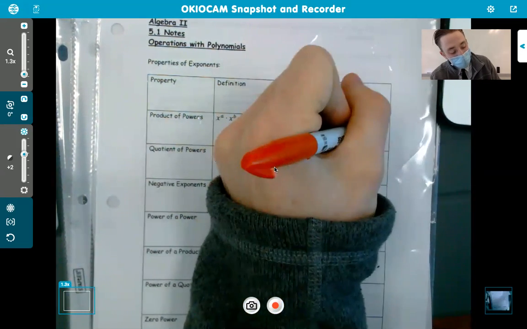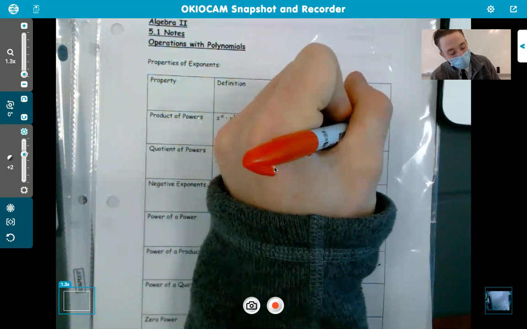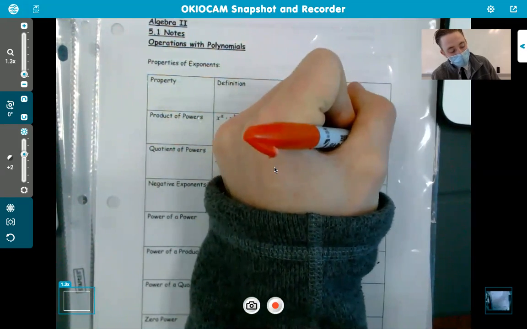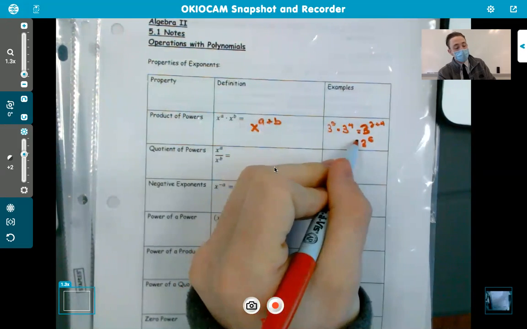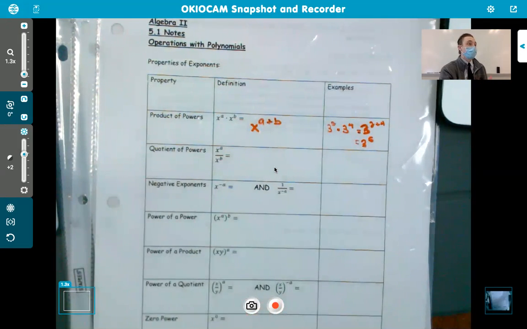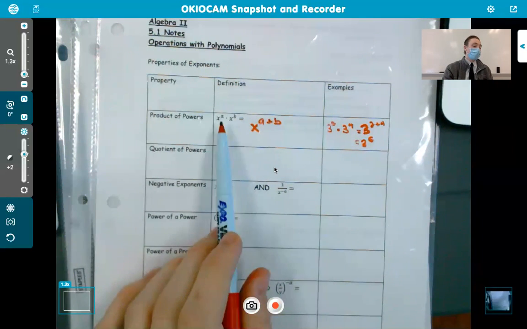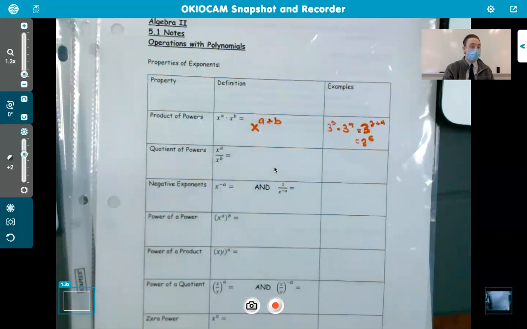Or you could just do 3 to the 2 plus 4, which is 3 to the 6th. So it's all the same thing. This is just a way for us to simplify these expressions. So when we have the same variable, different exponents, we add the exponents together.